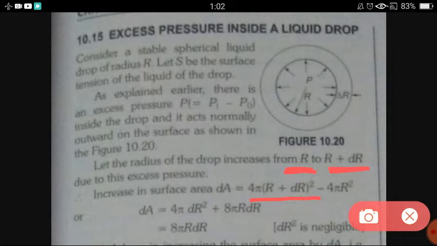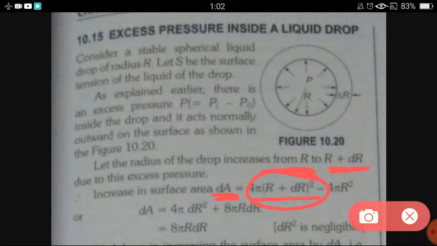So the increase in surface area dA is equal to 4 pi r plus dr whole square minus 4 pi r square. Here we apply the a plus b whole square formula and open the bracket. After opening the bracket, we multiply 4 pi inside.